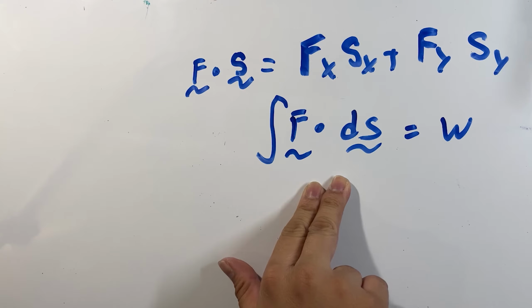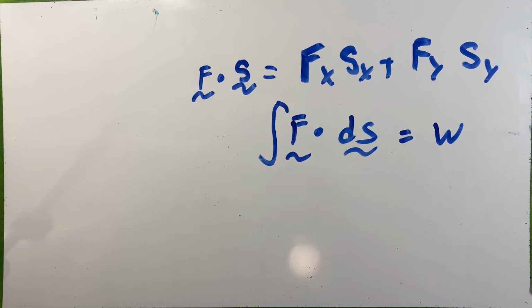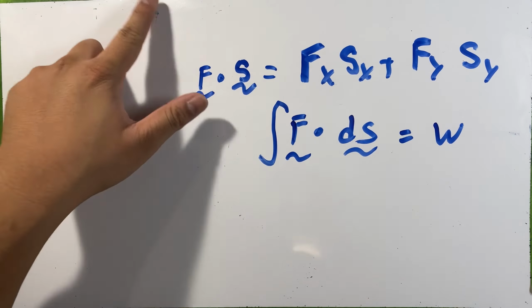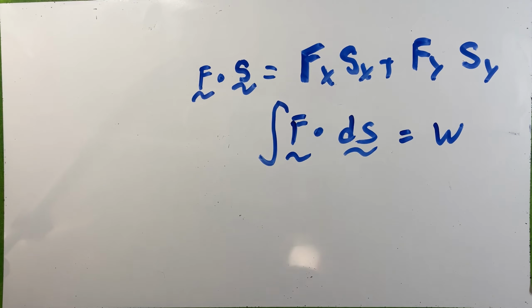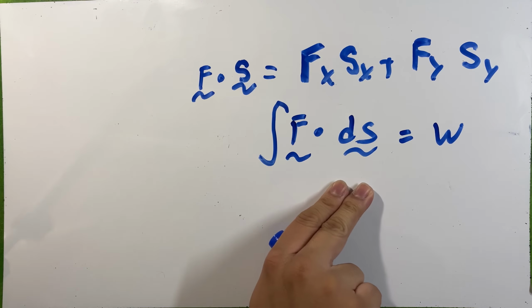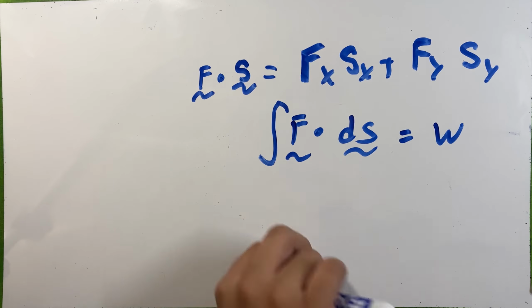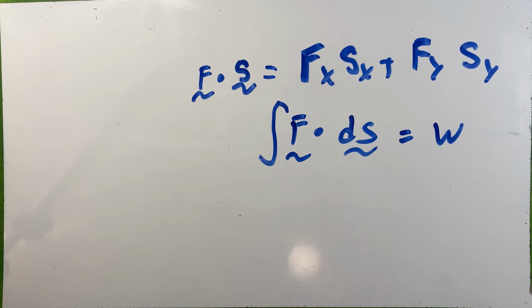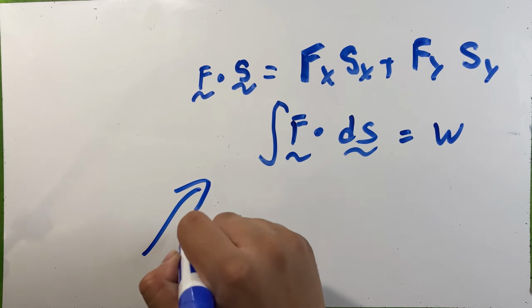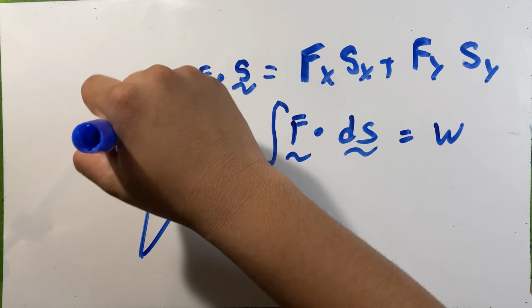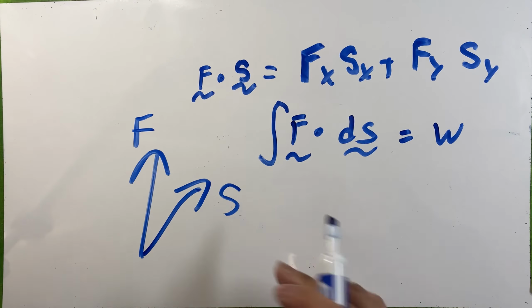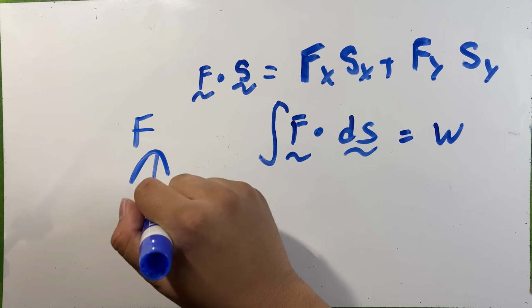let's look at this left-hand side of the equation. We can't really assume anything about F dot ds, because what if there's no force in the x direction? Or what if s is like this, but F is like this? We can't really assume anything. There has to be a cosine there then, because there's this angle here.